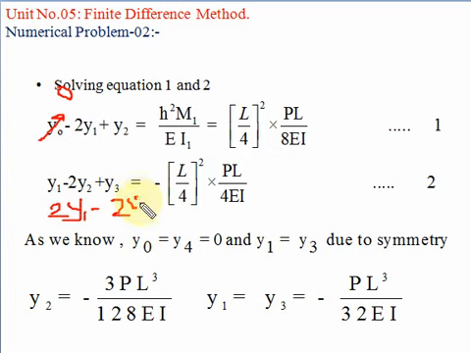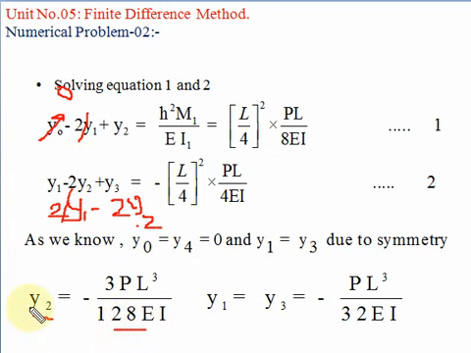Now if you see here, if you add these two equations, here is minus 2y1, here is 2y1, so this will get cancelled. What is remaining? Only y2. Okay, so here we will get the value of y2. So what is that value? Minus 3 PL cube upon 128 EI.